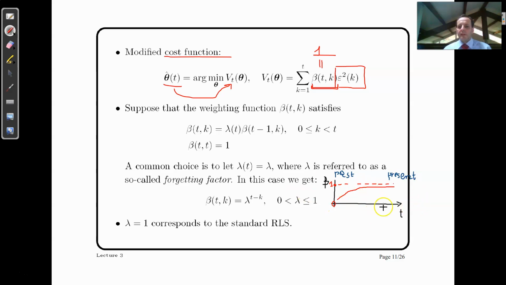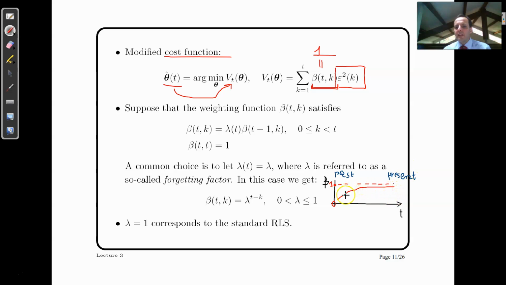So it's clear that when the data are closer to the present, which is the idea of the recursive least square with forgetting factor, the weighting of your cost function is closer to 1, because the algorithm needs to rely the most on the most recent data.